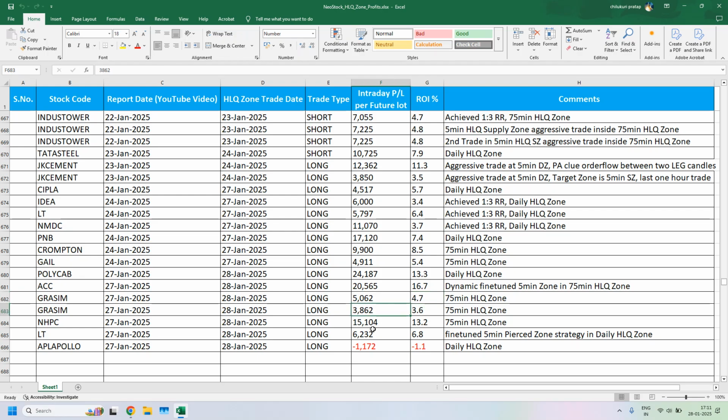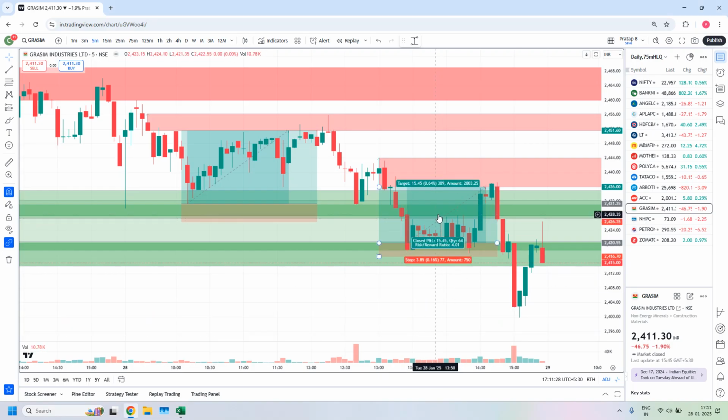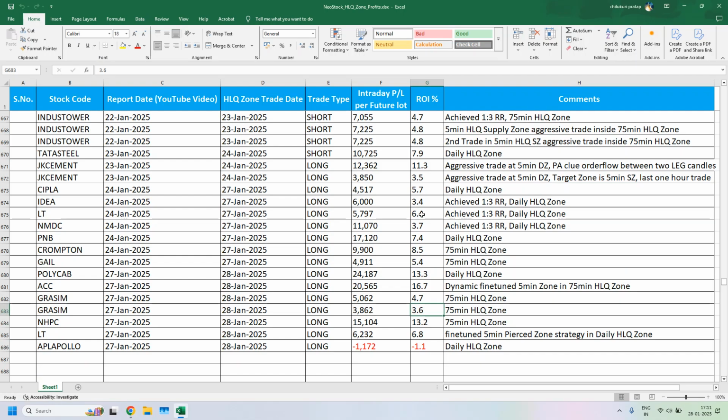And the second trade has given 3,862 rupees profit until the newly created 15 minute zone, and it has given 3.6% ROI. See, the newly created zone also gave 1:4 RR. See here, this has given 1:4 RR till this 15 minute zone. So that way Grasim has given 2 successful trades.